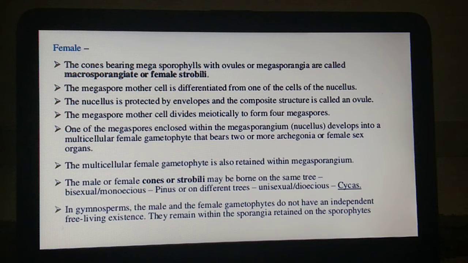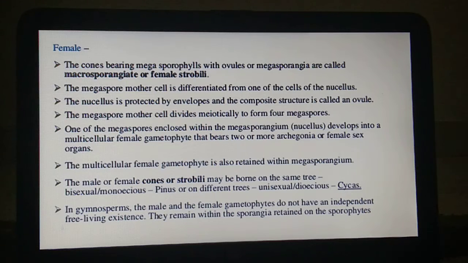Now the megaspore mother cell that is present divides with the help of meiosis division to form the 4 megaspores. So their meiotic division takes place, students.